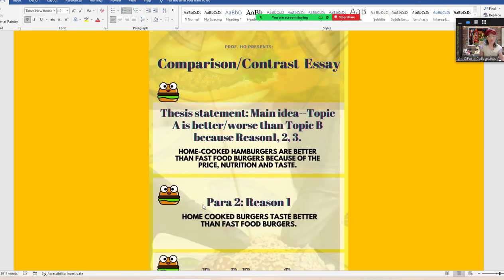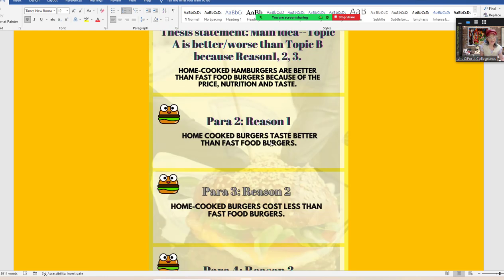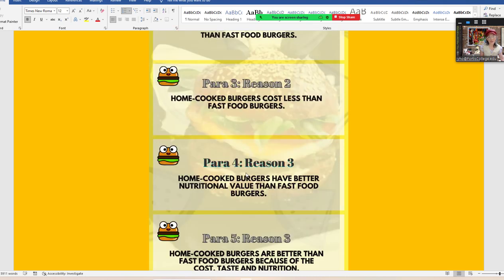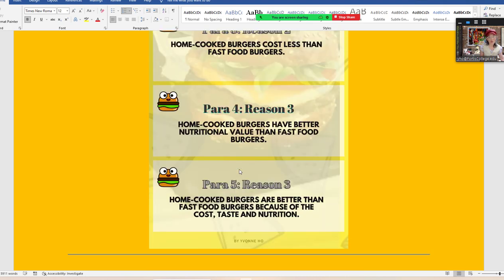Now we're going to go over, and then here you have another kind. Here's another example. Home-cooked hamburgers are better than fast food burgers because of the price, nutrition, and taste. In other words, home-cooked burgers are cheaper, taste better, and have more nutrition. And then here you have taste better, paragraph 2, cost less, paragraph 3, and then better nutrition, paragraph 4, and then you repeat the thesis statement as the first sentence of the last paragraph.